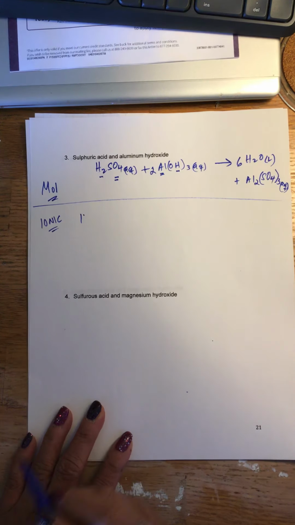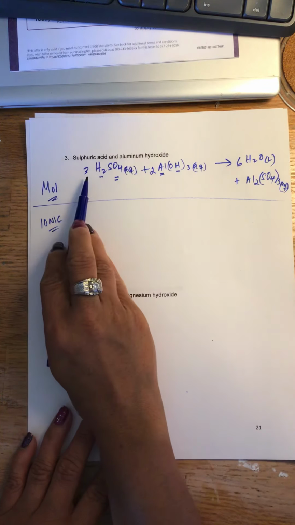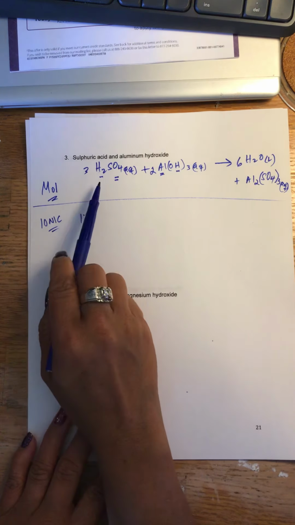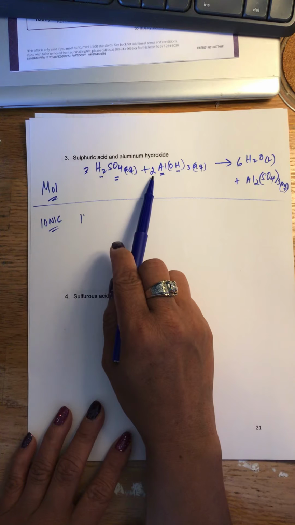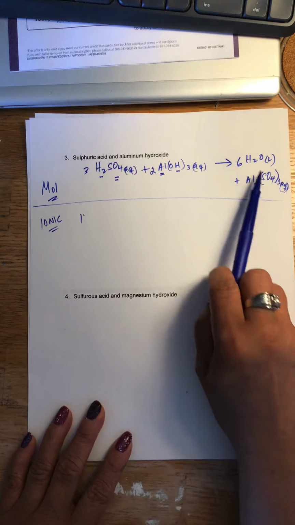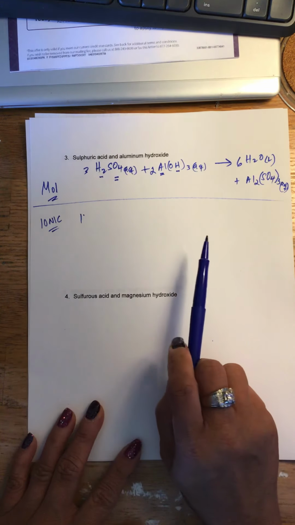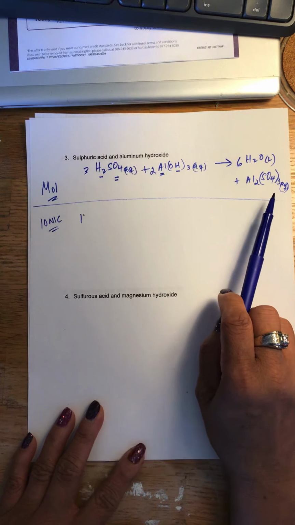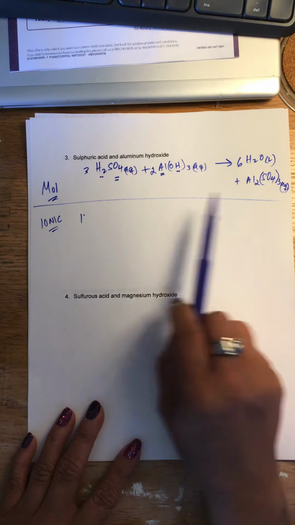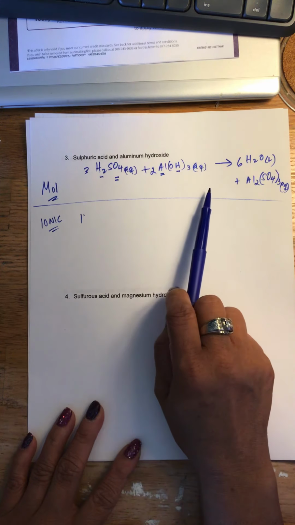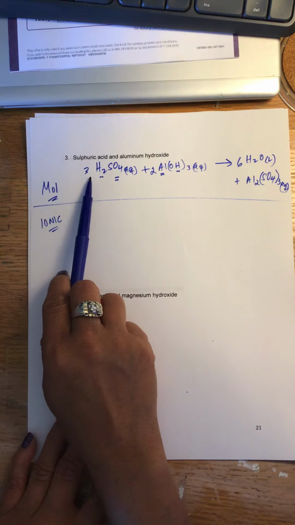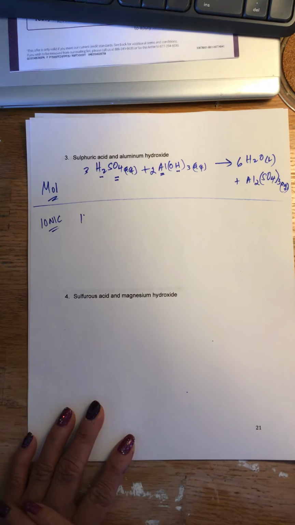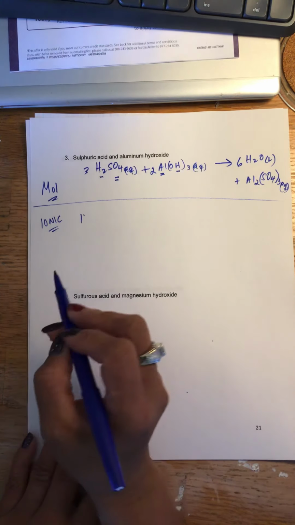If I put 6 water here and 3 in the front, that makes 3 times 2, 6 hydrogen, plus 6, so that's 12. Let me double check here. That should be balanced. So 12 here, 12 hydrogen, 6 plus 6 is 12. So that is balanced. Okay, so that's the balanced equation.